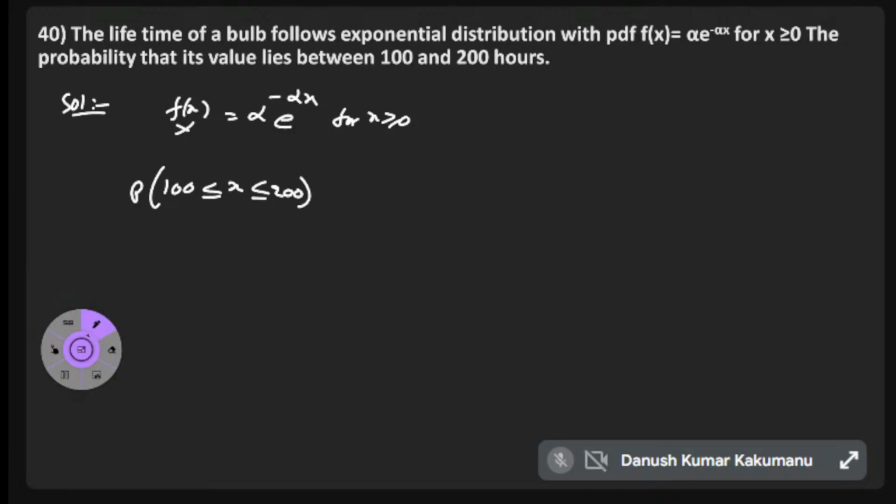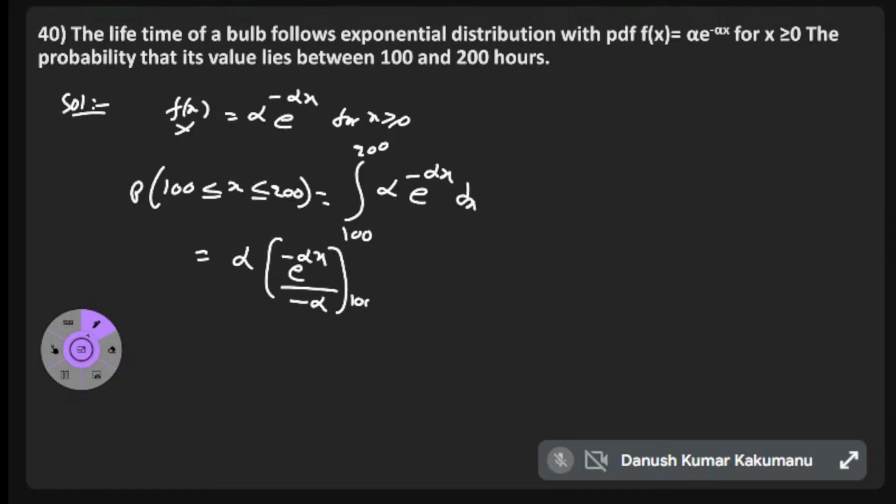100 and 200 hours. It is nothing but a CDF. All of you know it is nothing but a CDF. CDF is equal to what? Integral of the PDF, alpha e power minus alpha x dx from 100 to 200. Alpha is outside. What is the integral of e power minus alpha x? E power minus alpha x divided by minus alpha.